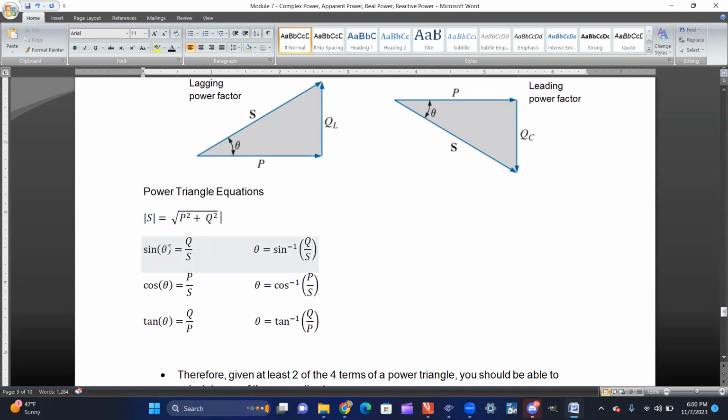So the sine of theta is equal to your reactive power divided by your apparent power.